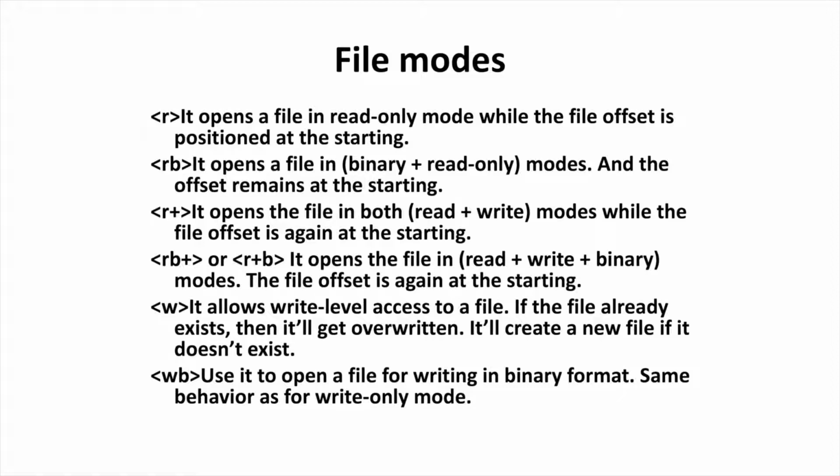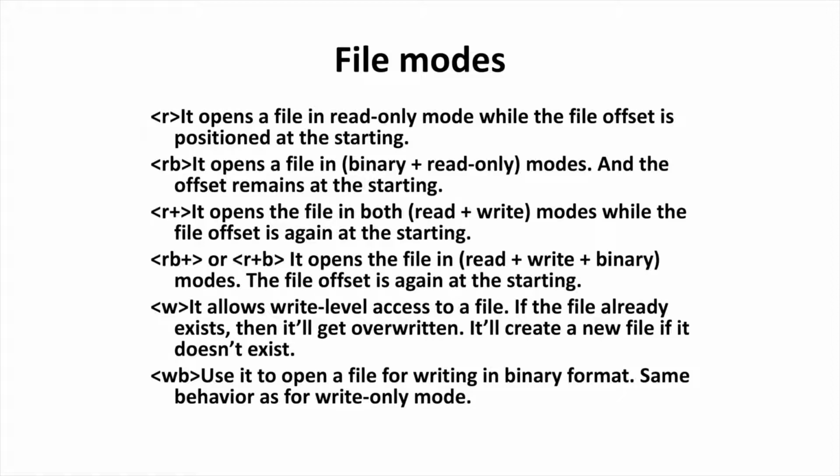Then rb, it opens a file in read only and b indicates it is a binary file and the offset again remains at the starting. r plus, it opens the file in both read and write mode while the offset is again at the starting. rb plus or r plus b, it opens the file in read, write and binary modes. The file offset is again at the starting.